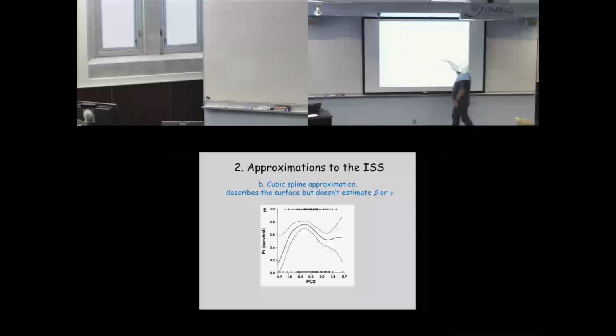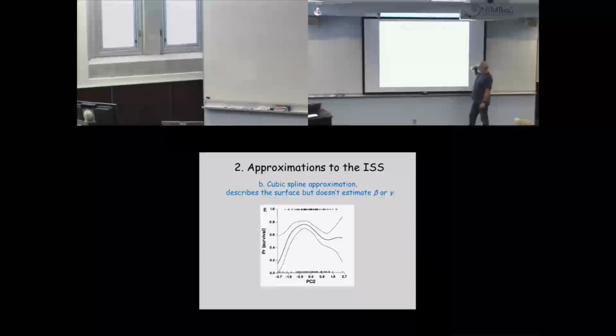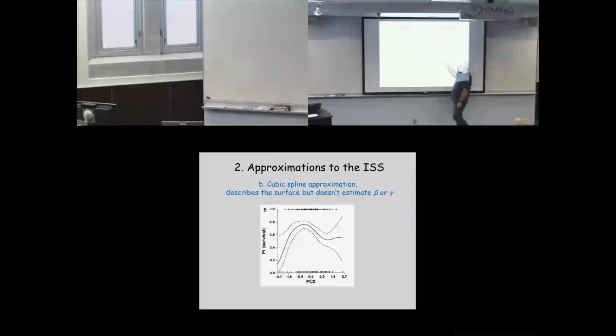One way to do it is the cubic spline approximation that was described by Dolph Schluter and a co-author in a paper on both univariate and multivariate approximation. So here's for example some data, and this is a binary example, Arnaud. And you see here there are just two fitness values, either 0 or 1.